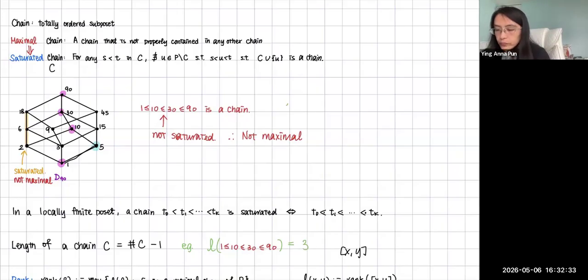And then maximal means that this path, you cannot make it longer at all. That's the longest path that you can take. So if you are maximal, meaning that you cannot make it any longer, then it must be saturated. But saturated doesn't mean that it is maximal. You can think about this as a saturated chain, right?